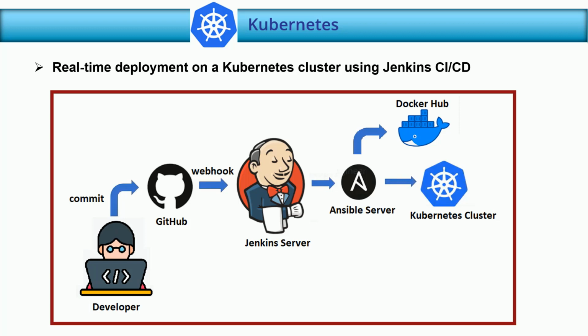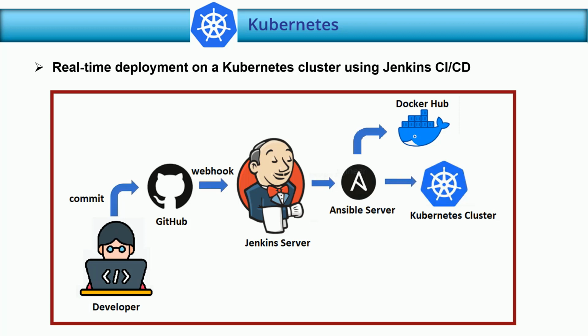So let's understand. Your developer team is working along with the ops team for the creation of the required files. Because for the completion of this project, so many files are required, like your application code, Dockerfile, your deployment file, your Ansible file, Ansible playbook, service file.